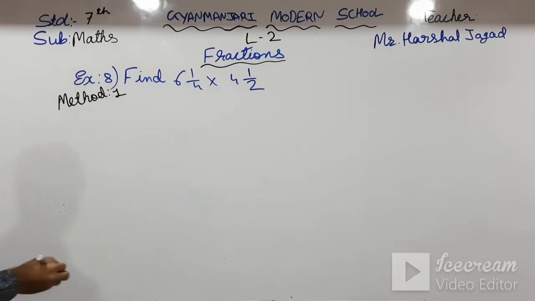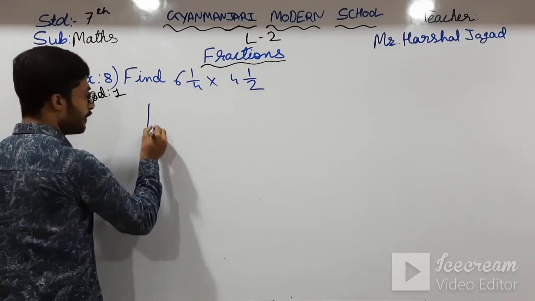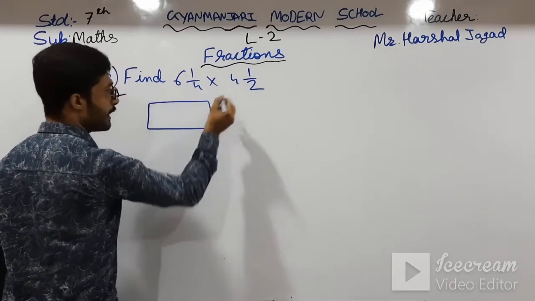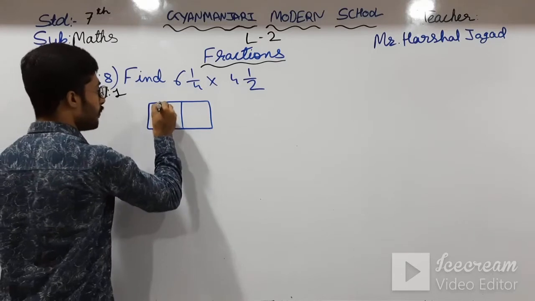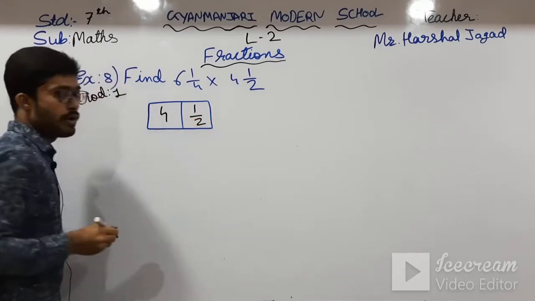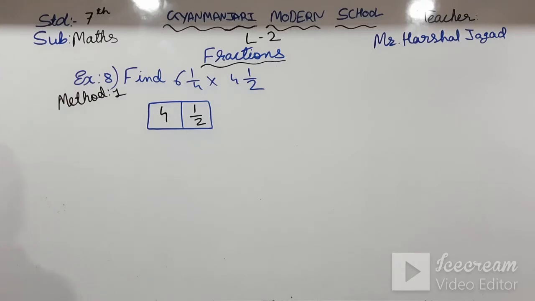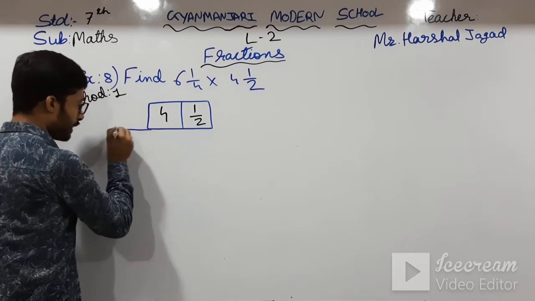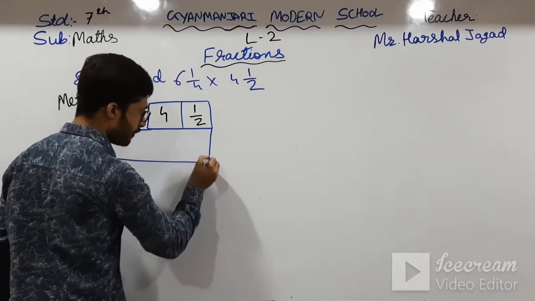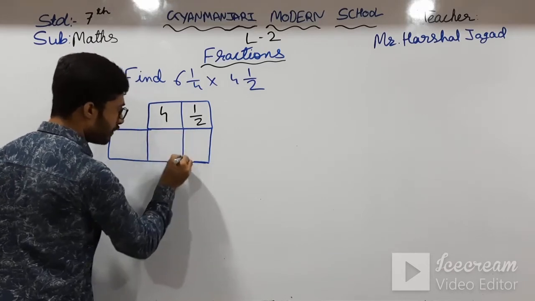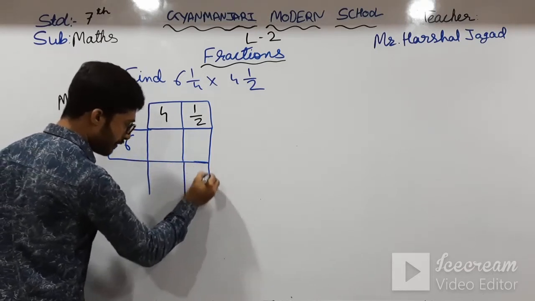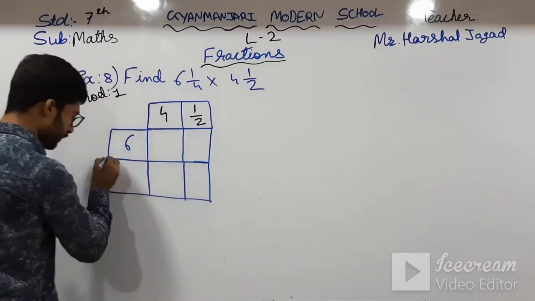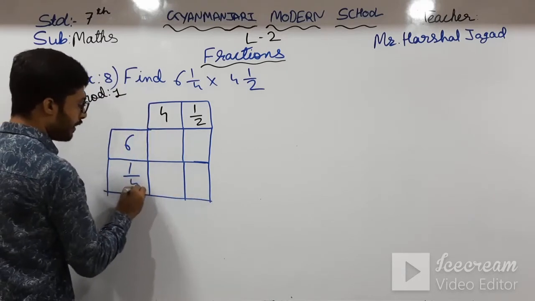In that, first of all we write what is to be multiplied. Here there is 4 and here there is half. And next, here 6 and here 1/4.